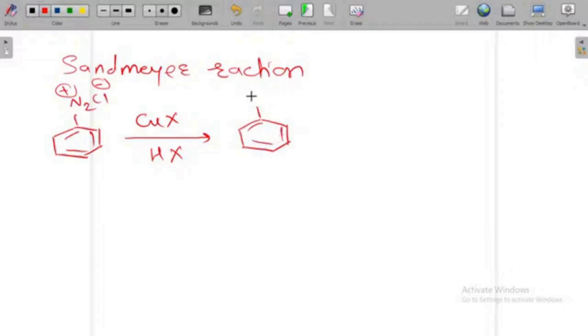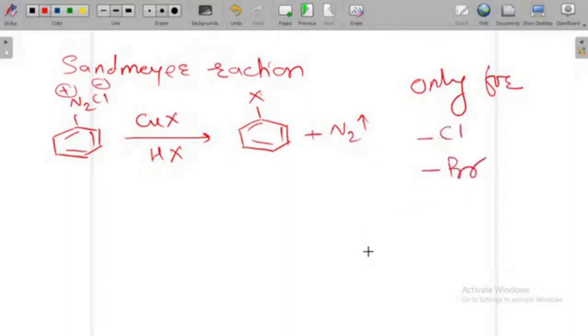The drawback of this reaction is that it can be explained only for chlorobenzene and bromobenzene. Additionally, you can prepare cyanobenzene from this reaction. That reaction is called the Sandmeyer reaction.